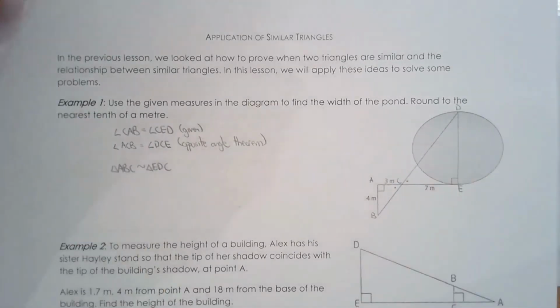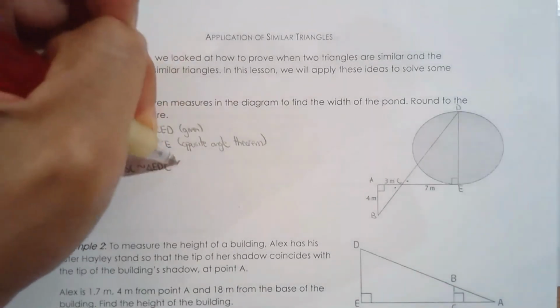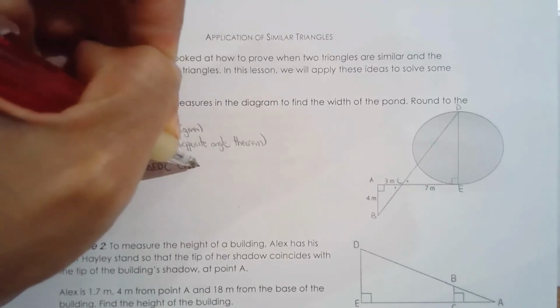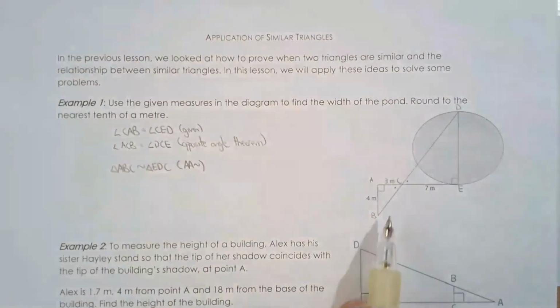Perfect. Okay. So now that we've said that they're similar, you should really provide a reason how you know they're similar. And the fact is angle angle similarity. That's the condition. Now that I know that triangle ABC is similar to triangle EDC, I can use the fact that the corresponding sides must be proportional. So what's the corresponding side?